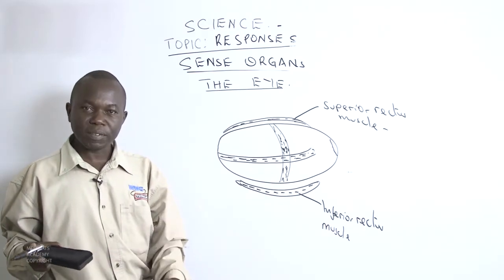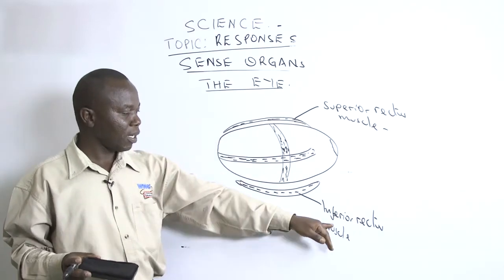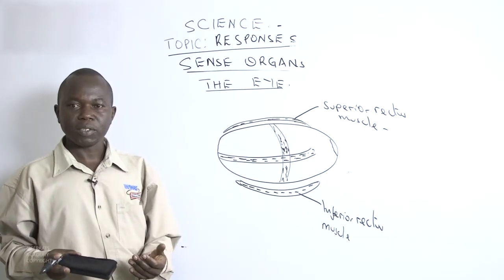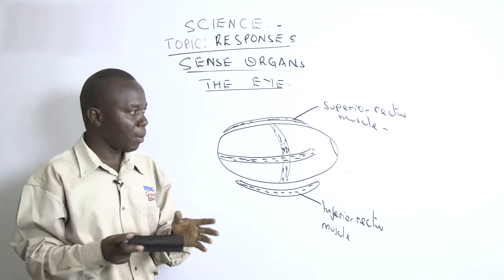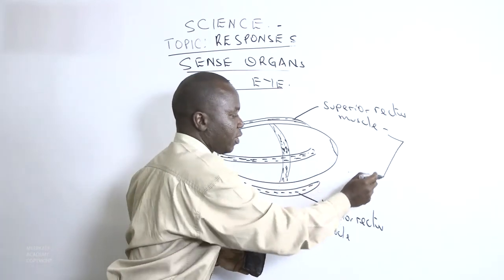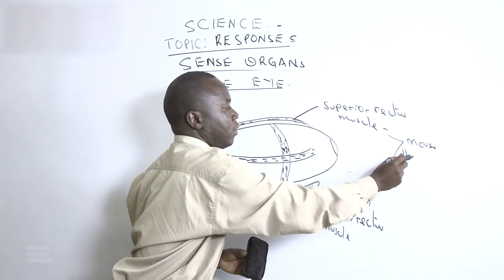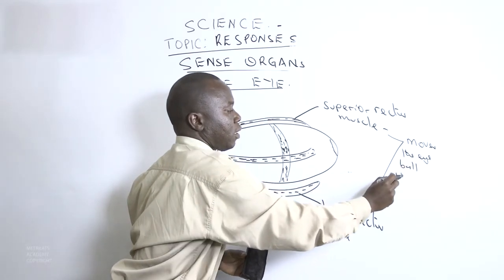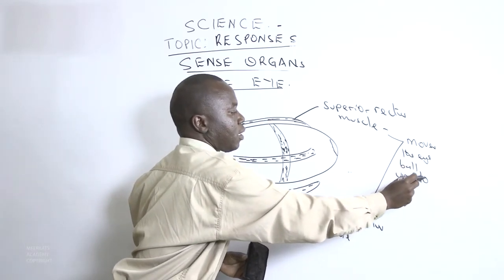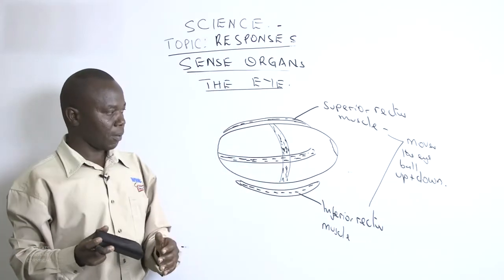Therefore, you are able to perceive something on the ground. So the role of the superior and inferior rectus muscles is to move the eyeball up and down.